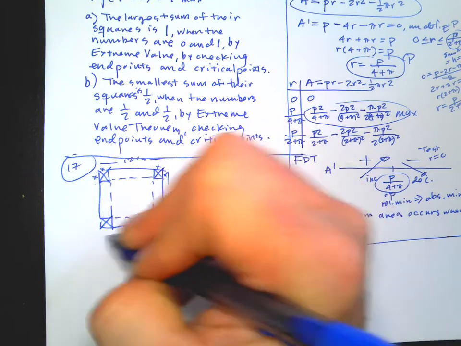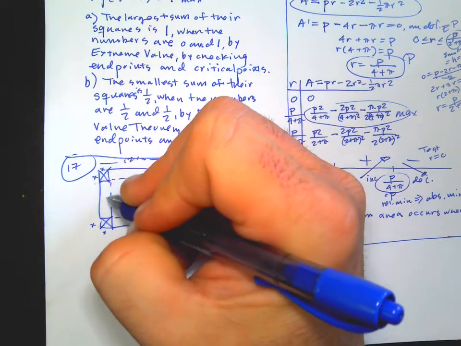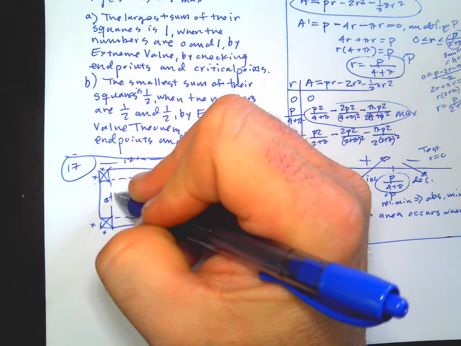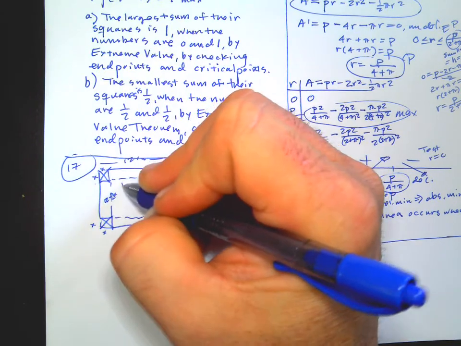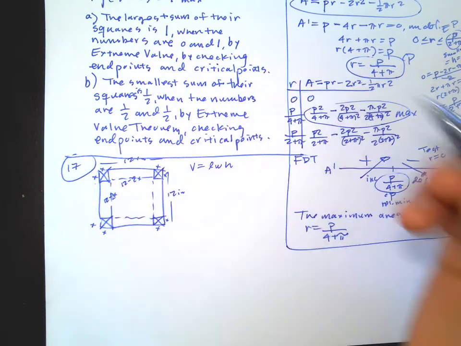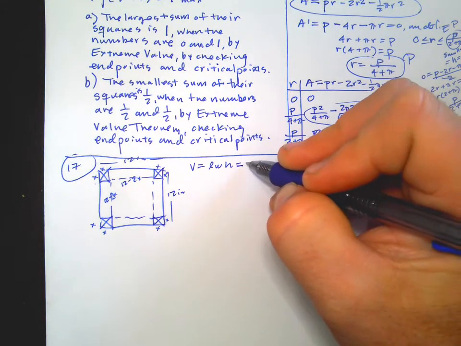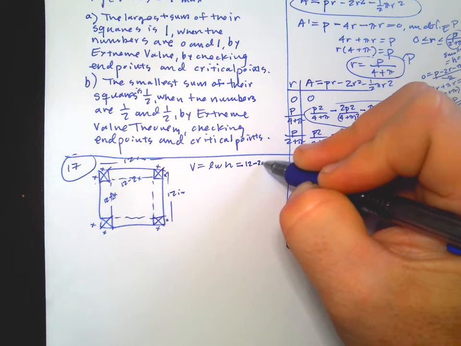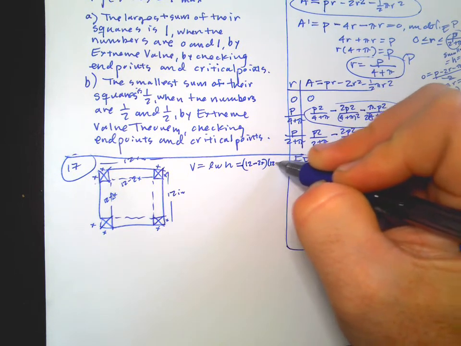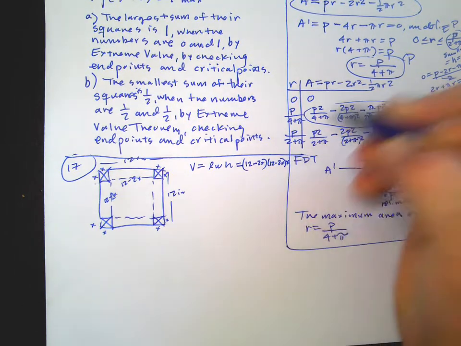So if these are x, and this is 12 minus 2x, and this is 12 minus 2x, the dimensions are 12 minus 2x, 12 minus 2x, and then just x is the height.